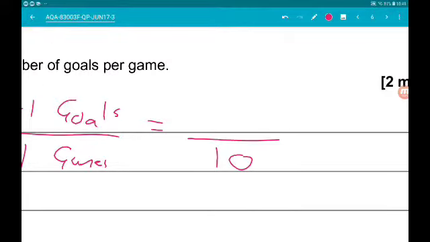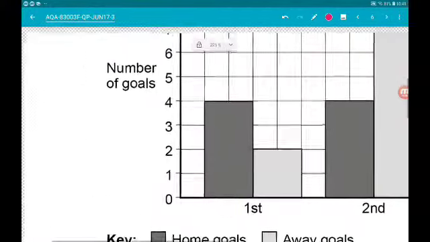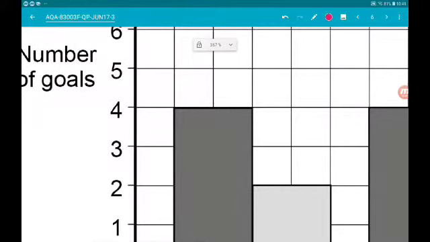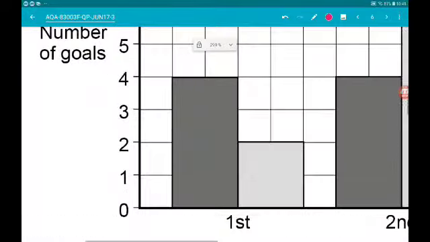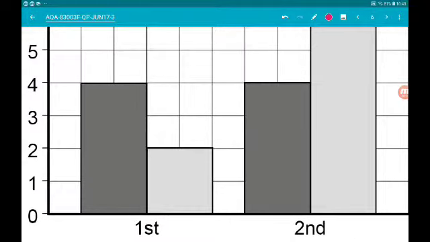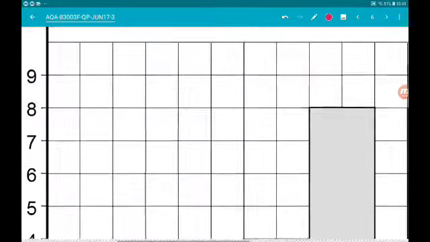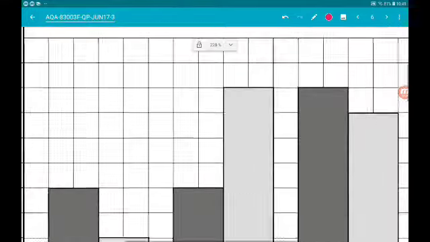Okay, so now we need to work out the total number of goals. So we've got 4 add 2, which is 6. Add another 4 is 10. Add 8 is 18.